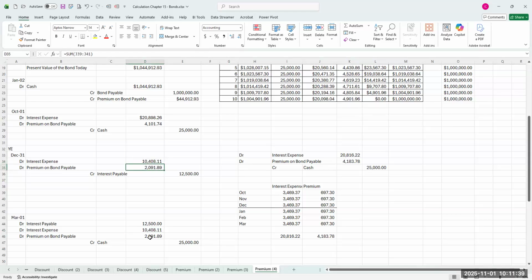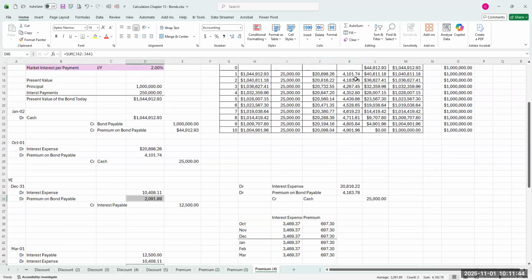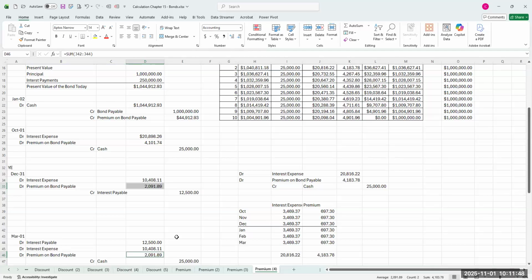My premium is exactly the premium that I have to amortize. So nothing has changed. I'm just breaking the entry into two pieces, working with the interest payable, which I'm creating on December 31st and, on March 1st, closing right away.